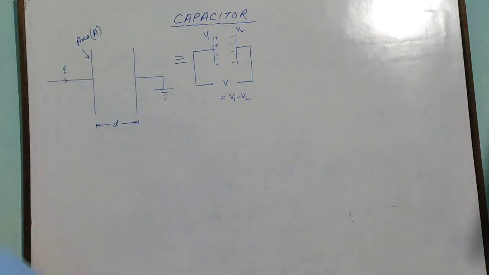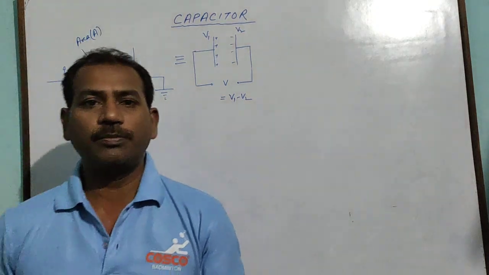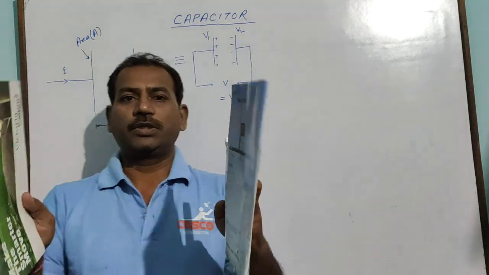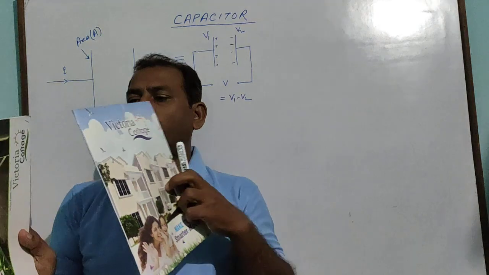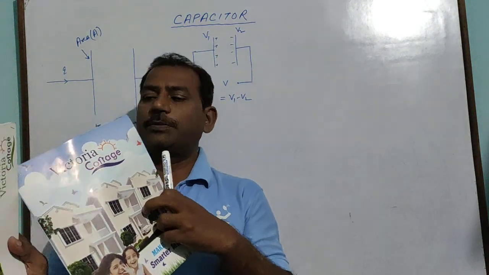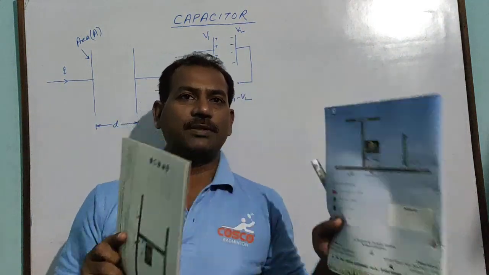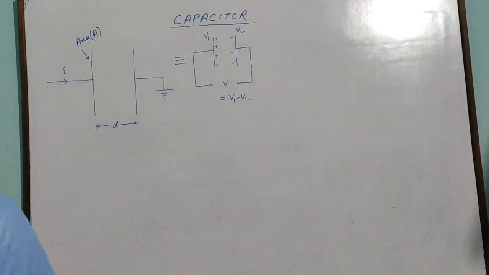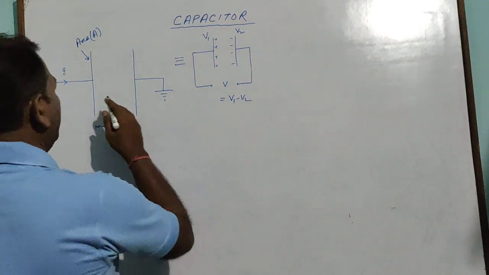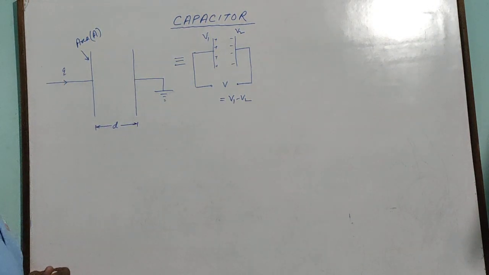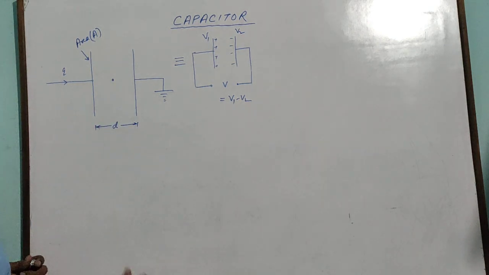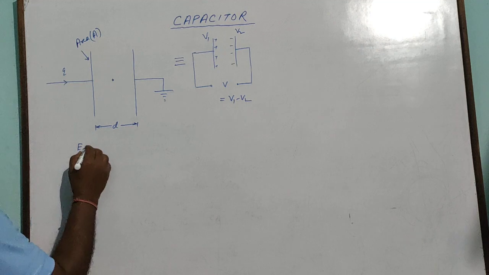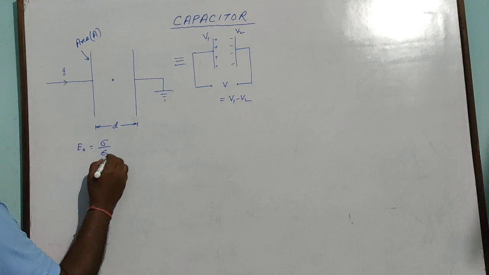Now, the two plates are very similar to this. One plate we are providing charge, another is accepting the charge. When we provide charge on any plate, you all know that the electric field between the two plates will be equal to sigma by epsilon naught.